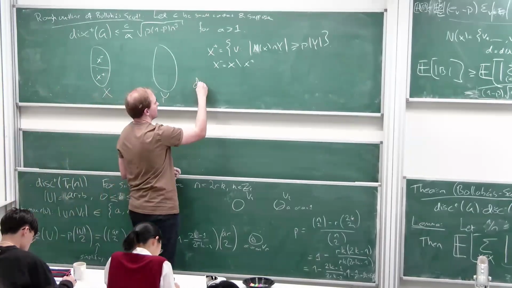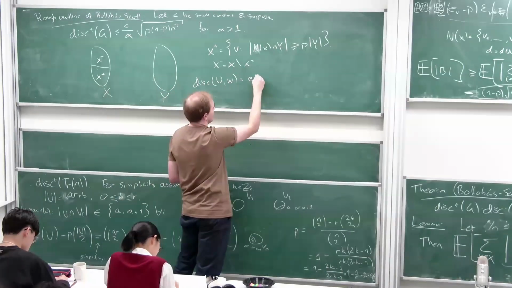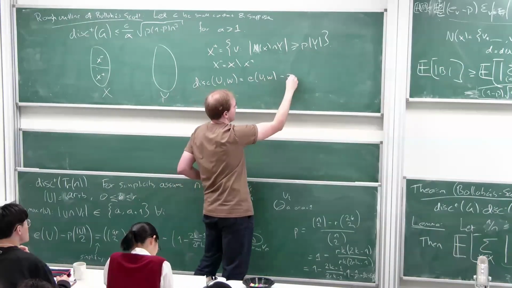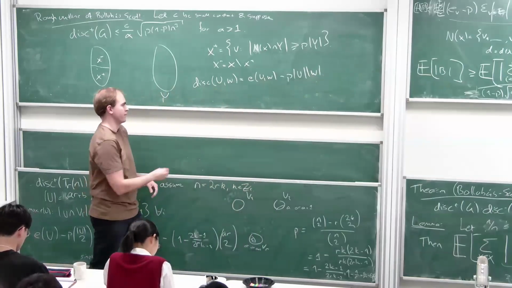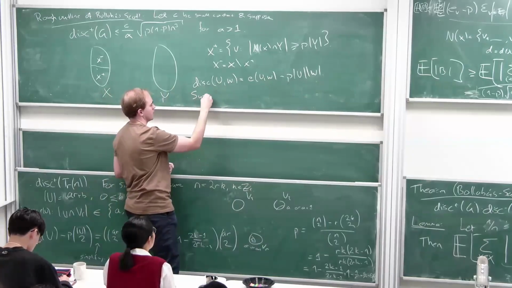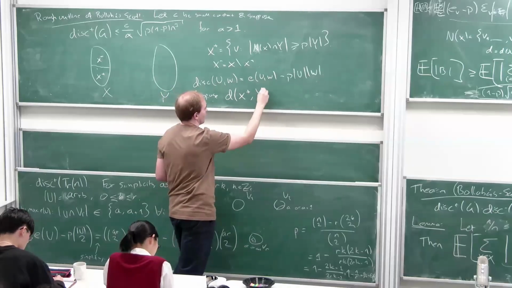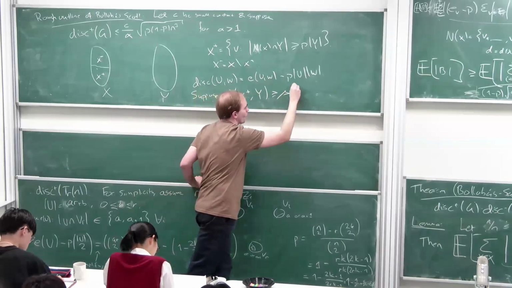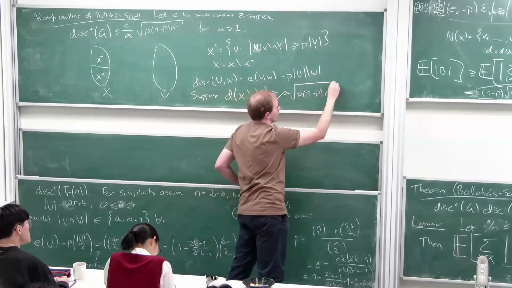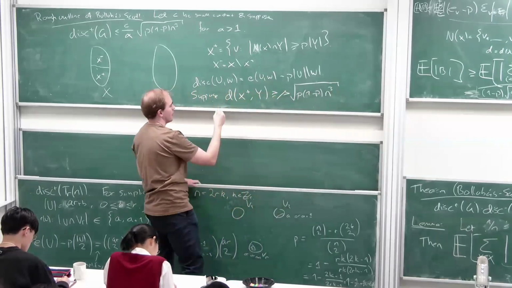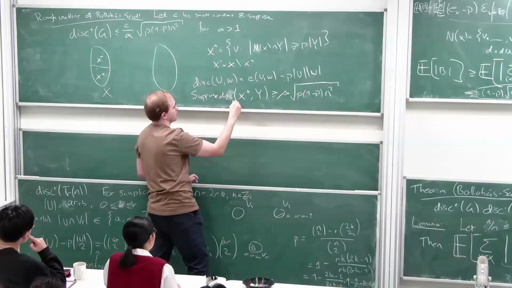Let's also define the discrepancy of U, W to be the number of edges between U and W minus p times the size of U times the size of W. And then we suppose that this is large.